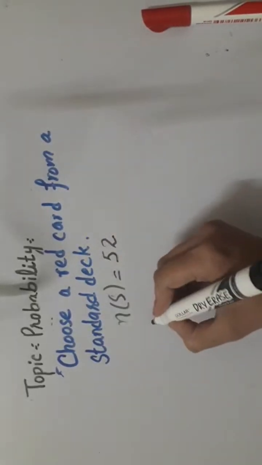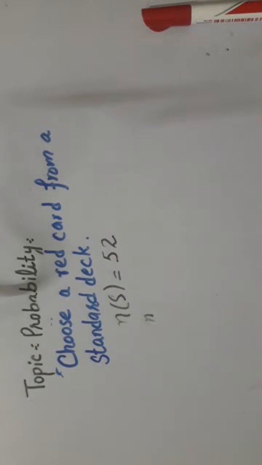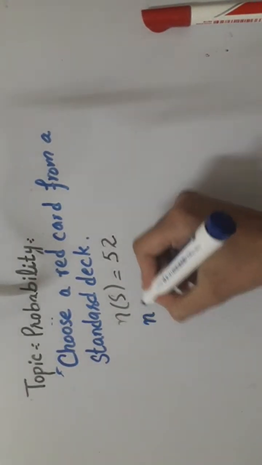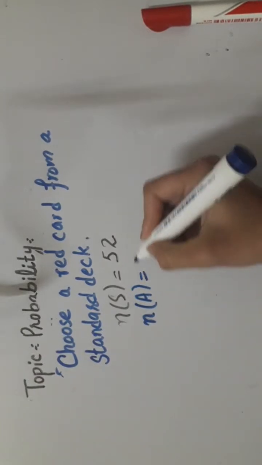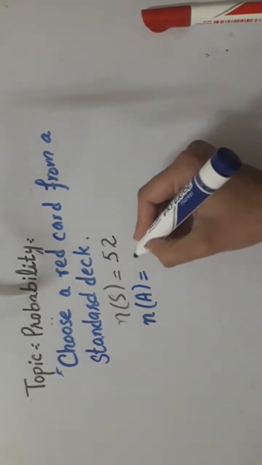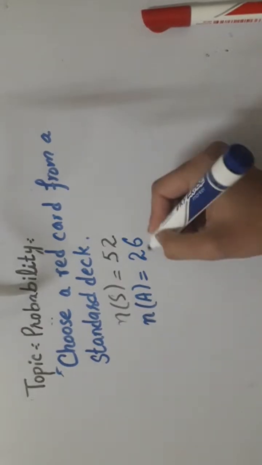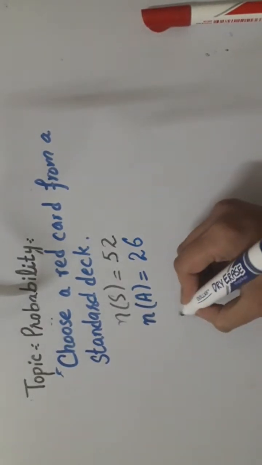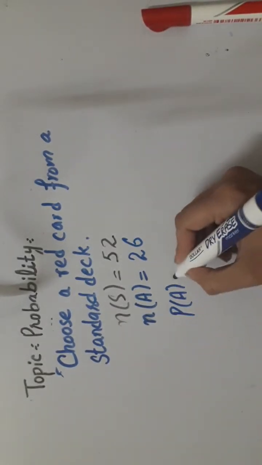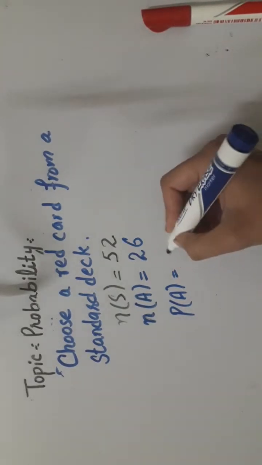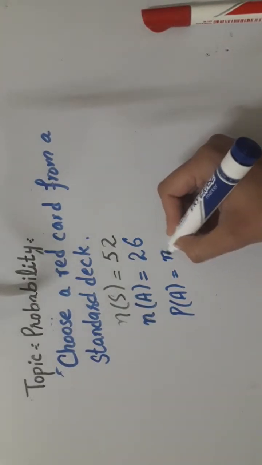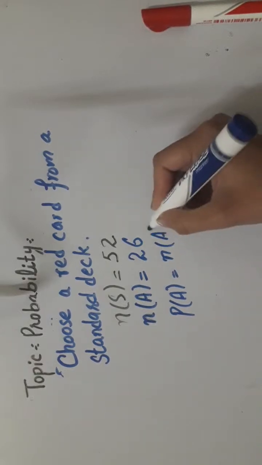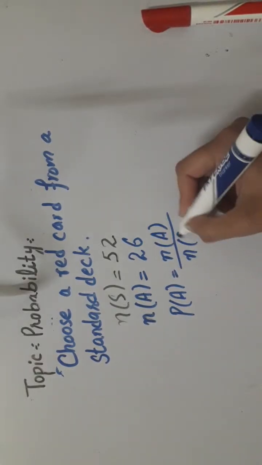So the number of cards in A is 26, because red cards are 26. So the probability of a red card is favorable outcomes by total number of outcomes.